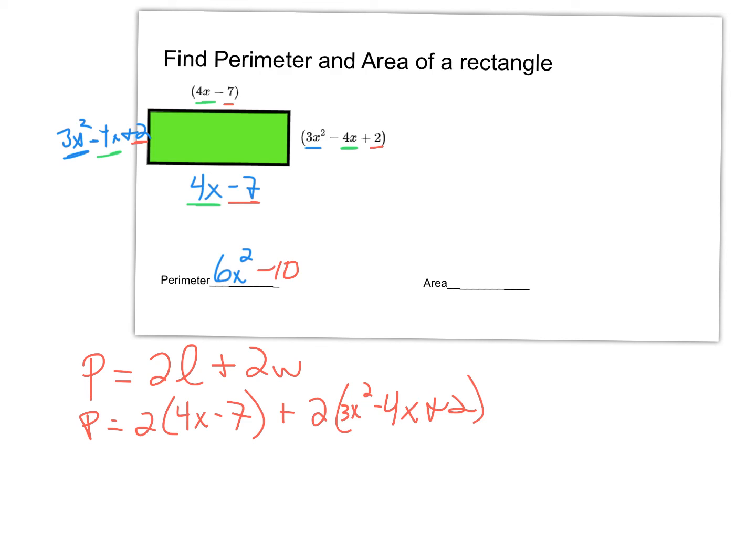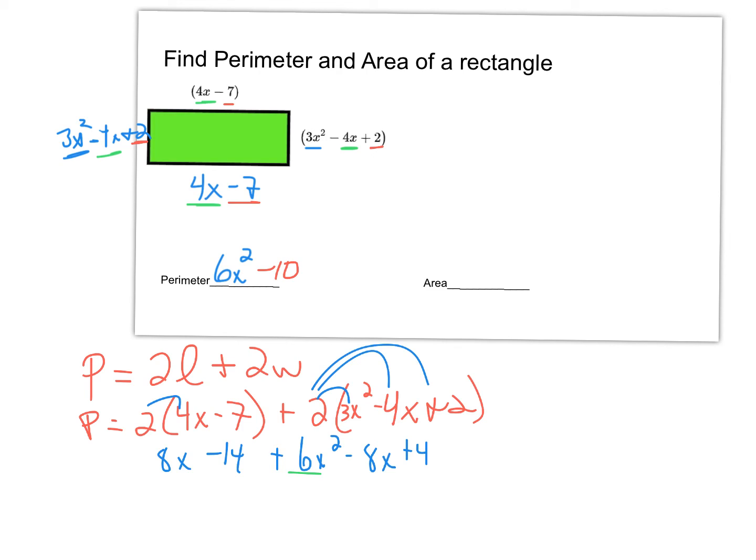Okay, you would use your distributive property here, so you would have 8x minus 14 plus, now you're going to have 6x squared minus 8x plus 4, and then combine your like terms.